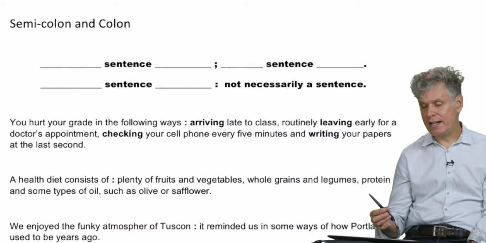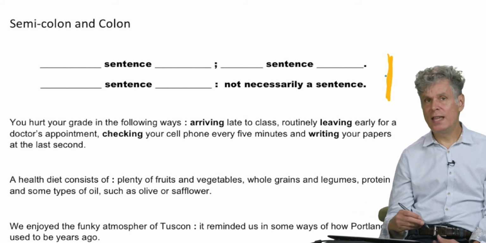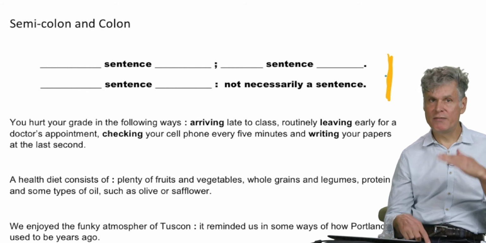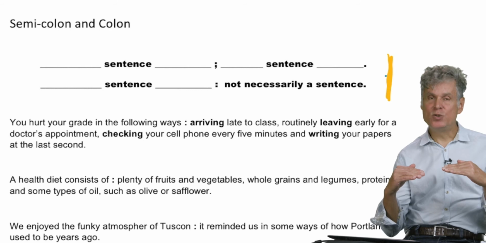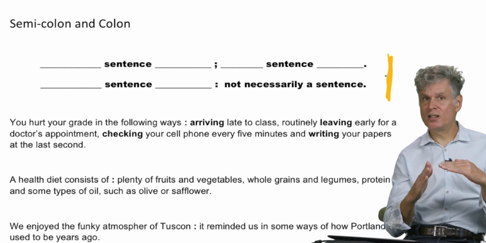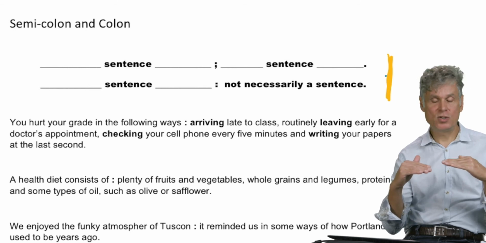So I have just started off by noting one potential difference between the two of them, and that is that with a semicolon, you have a sentence and then you have a sentence. You can use a conjunctive adverb, which I talk about in another lecture, or you can just use a semicolon. It's totally fine.